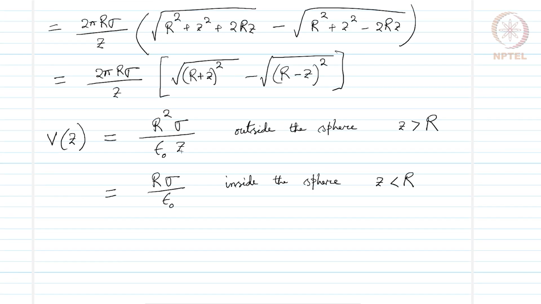So, there is no electric field inside the sphere, only we have electric field outside. As soon as we come inside the sphere, z becomes equal to R at the surface, and R from the denominator and R squared from the numerator gives us only R at the numerator, and this becomes the constant potential everywhere inside the sphere.